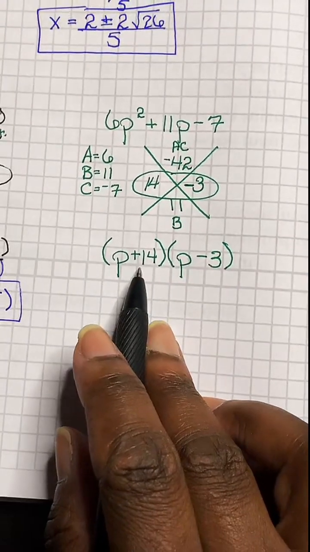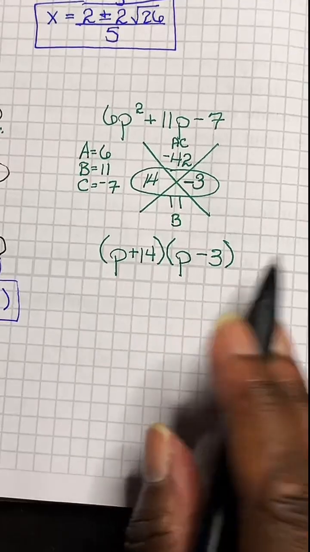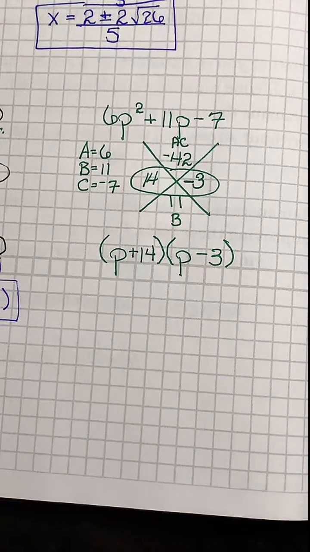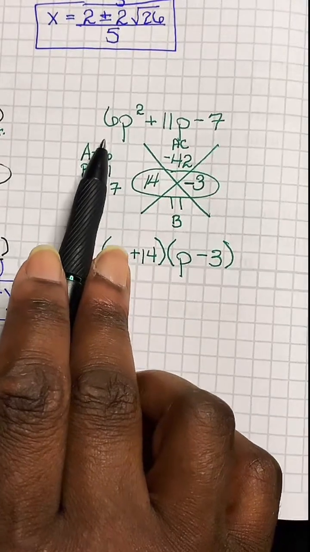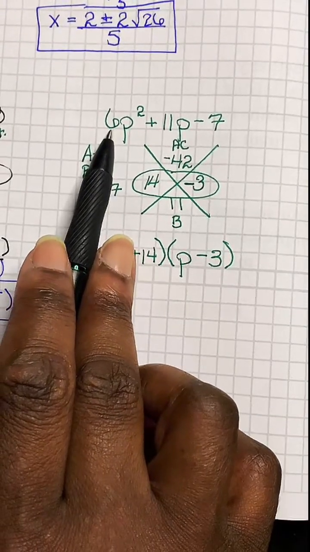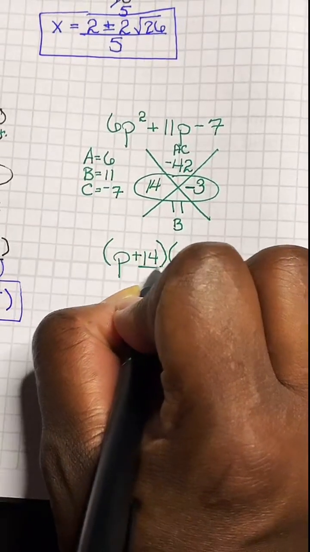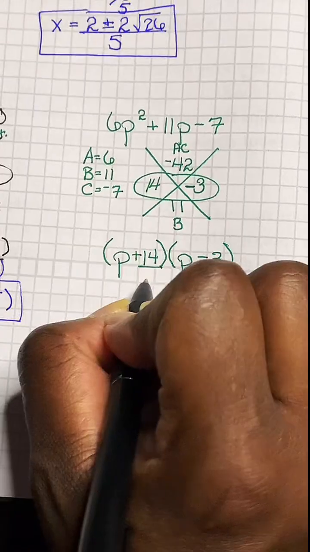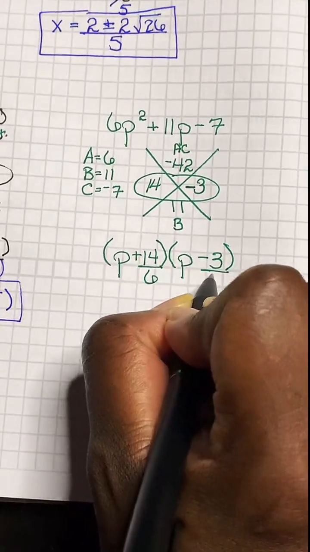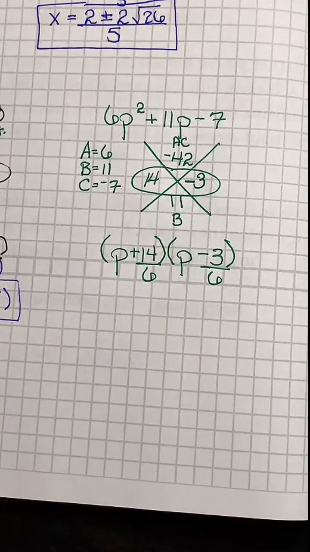If you wrote the minus 3 first and then the plus 14, that's fine. Because remember, multiplication is interchangeable. But since my leading coefficient is not 1, it's a 6, that's what I'm going to use to divide both sides.